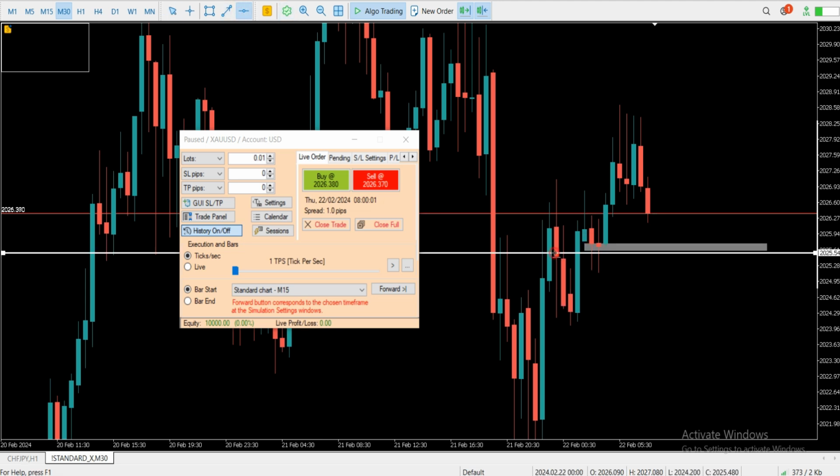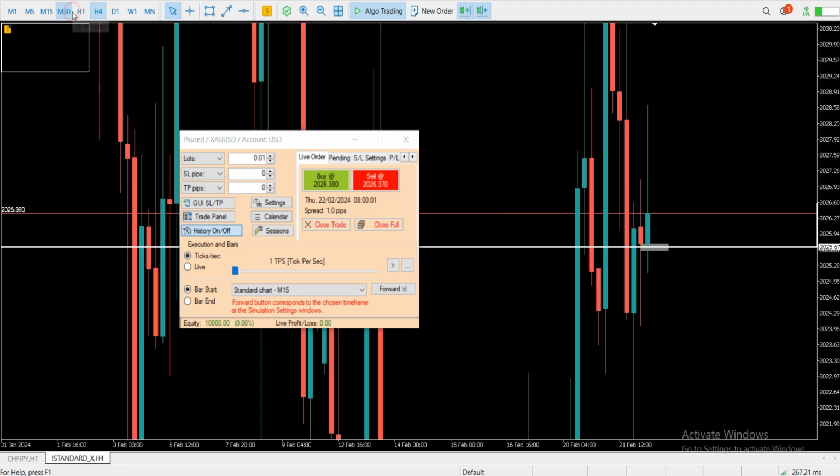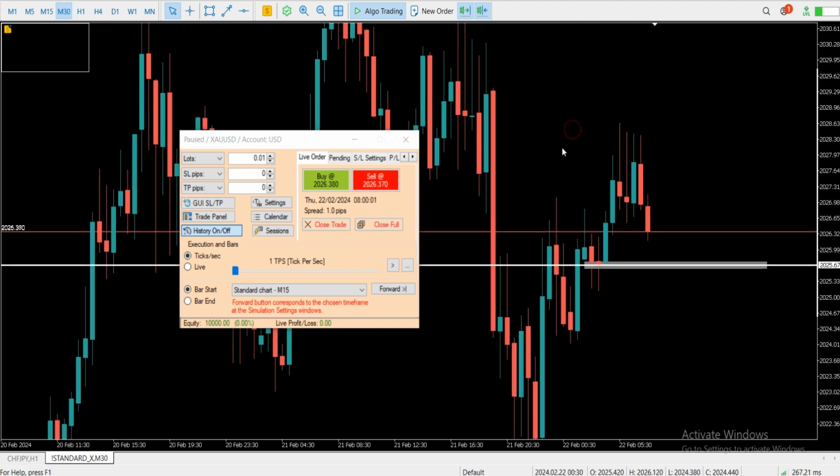If I see some sort of support forming at this area, I would want to look for buys. There's also another chance that this trend can wick down, break the low, and maybe tap this level easily. If we do get a candle closure above this on the 30-minute, then I'll look for buys. Okay, let's speed it up.